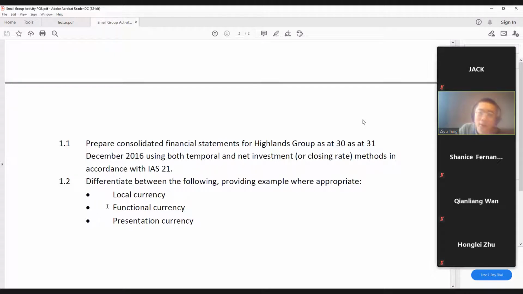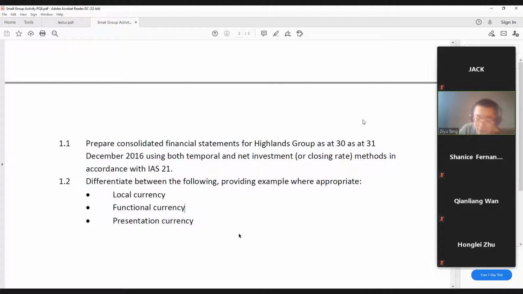Okay, and the only one hard to determine is functional currency, and it has key points on how to select it. The functional currency means the currency of the primary economic environment, which means that most of your transactions are made in this currency. How to decide the primary economic environment?